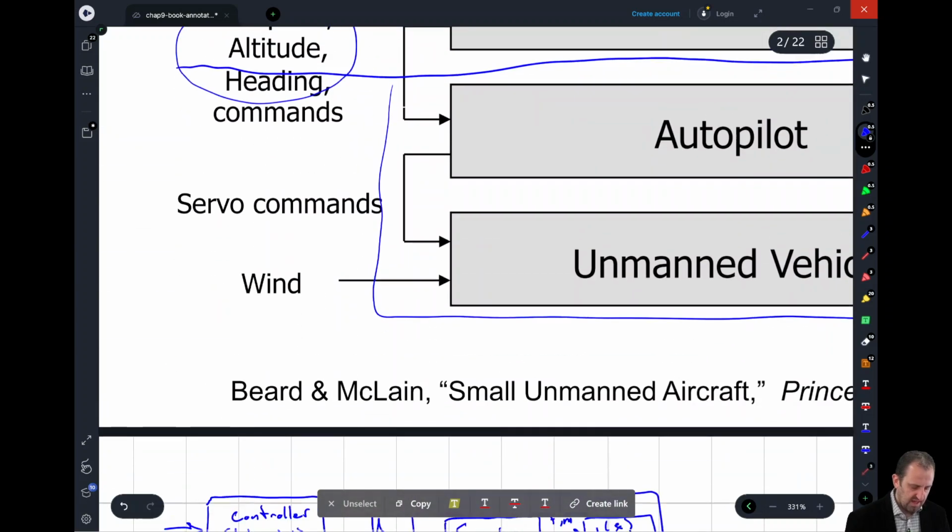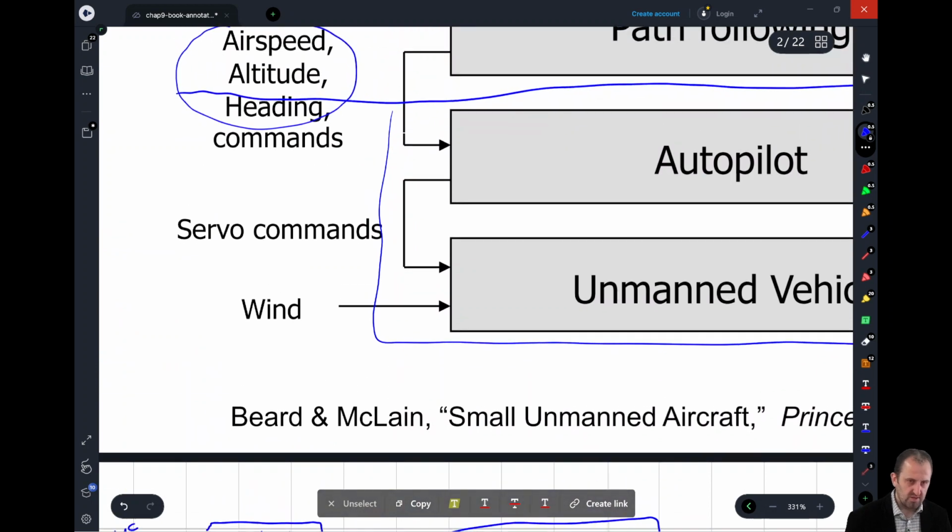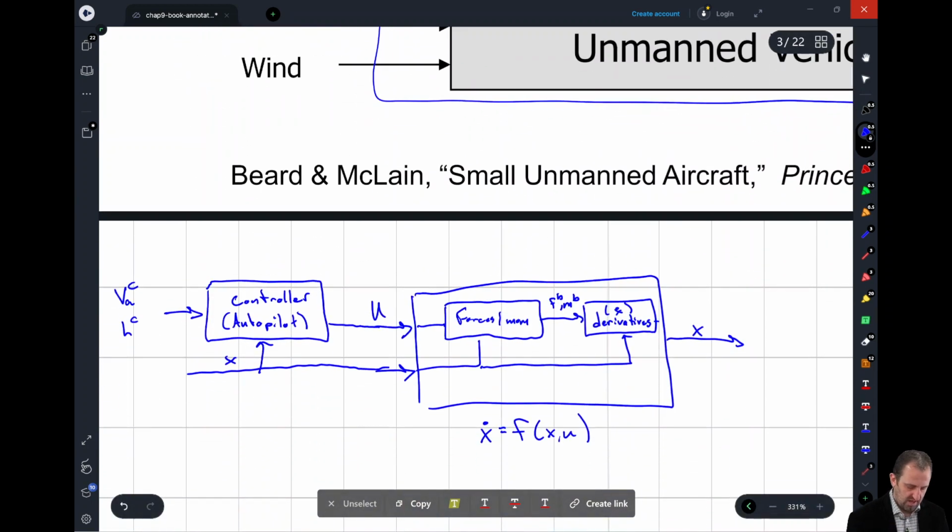So we said, let's give it our desired VA command. We talked also about our height command. And if we look here, we also could give it a course angle command. And then we said we also were going to do a feed forward. So that goes into our autopilot, right?